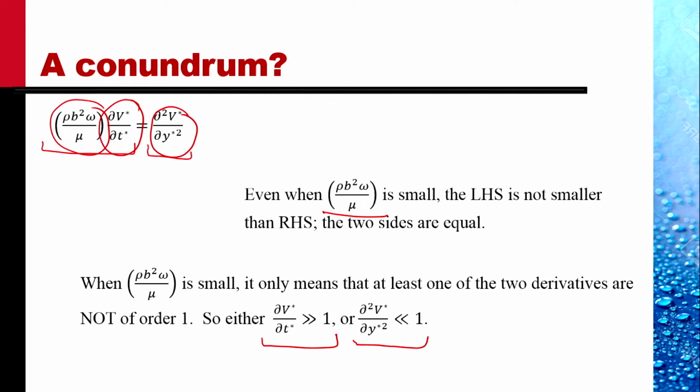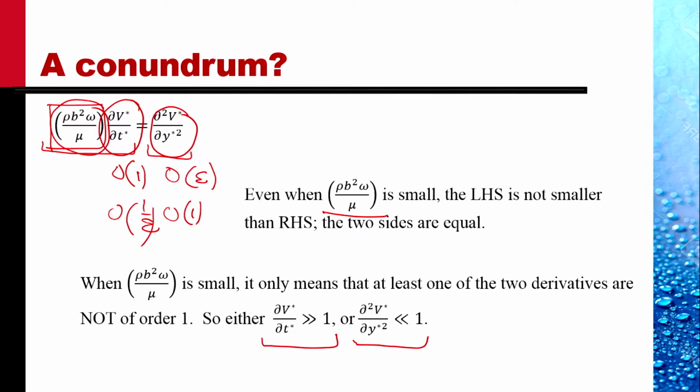So, if this is order 1, then this should be of order epsilon, where epsilon is this parameter, rho b square omega by mu. And if this is of order 1, then this should be of order 1 over epsilon.